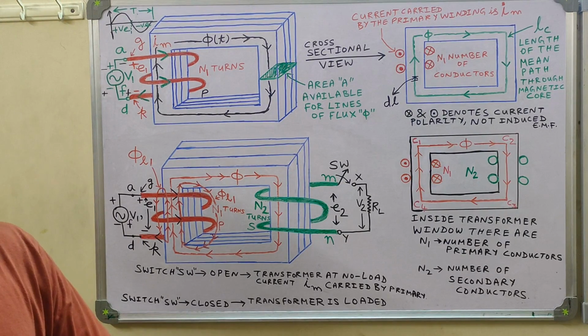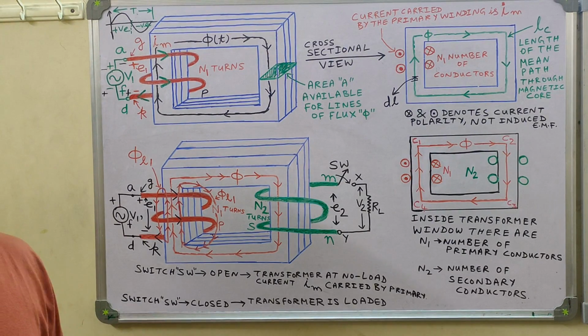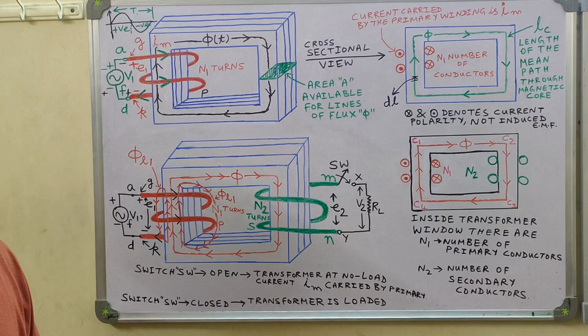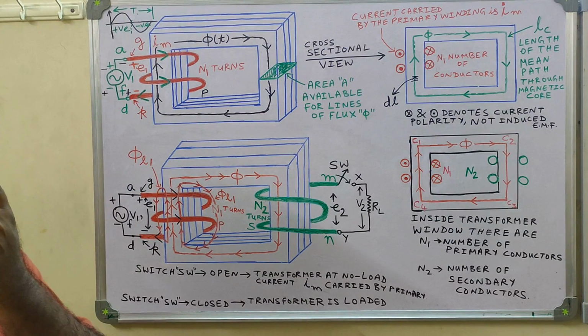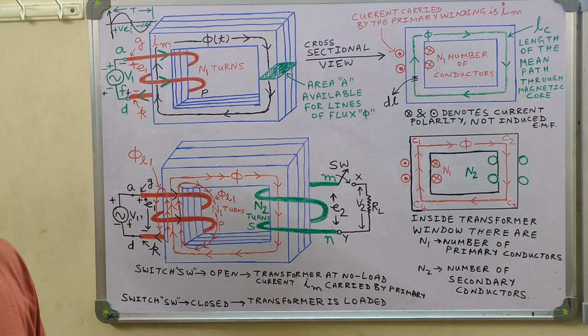However, it's important to make a clarification that all alternating voltage sources are not sinusoidal voltage sources, whereas a sinusoidal voltage source is an example of alternating voltage source.